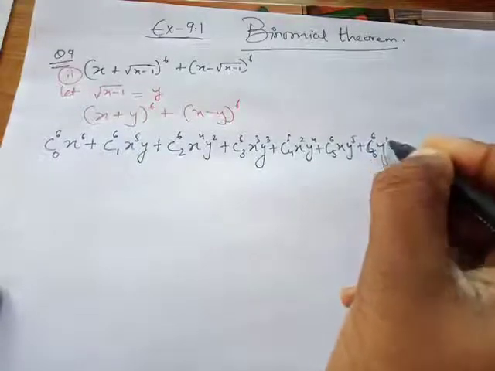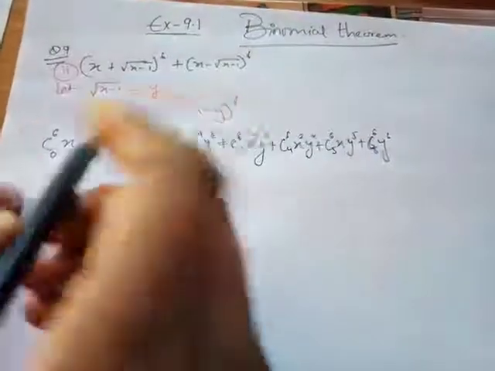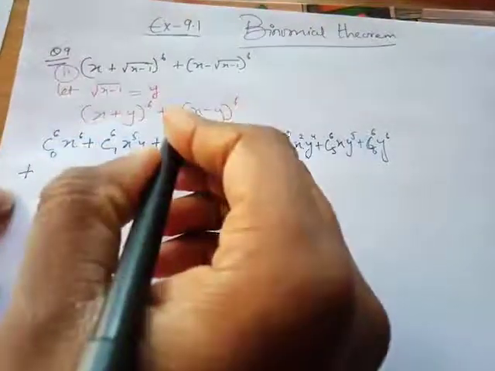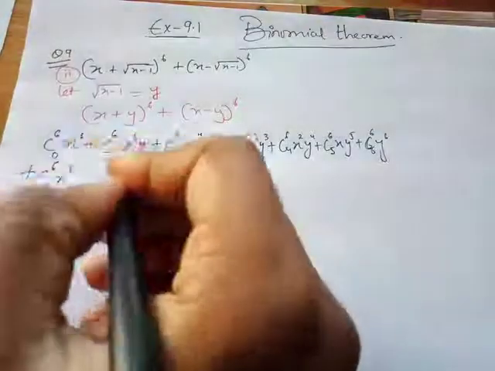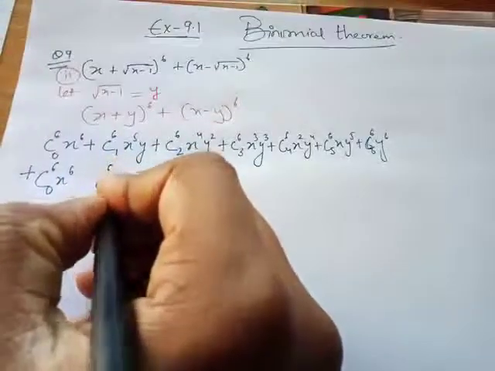then y to the power 6, and then I'll have a plus sign, and after the plus sign I have the same thing, so I'll write the same things. If you guys see, the only thing I'll be missing right now is the sign, and I'll write the sign later on.